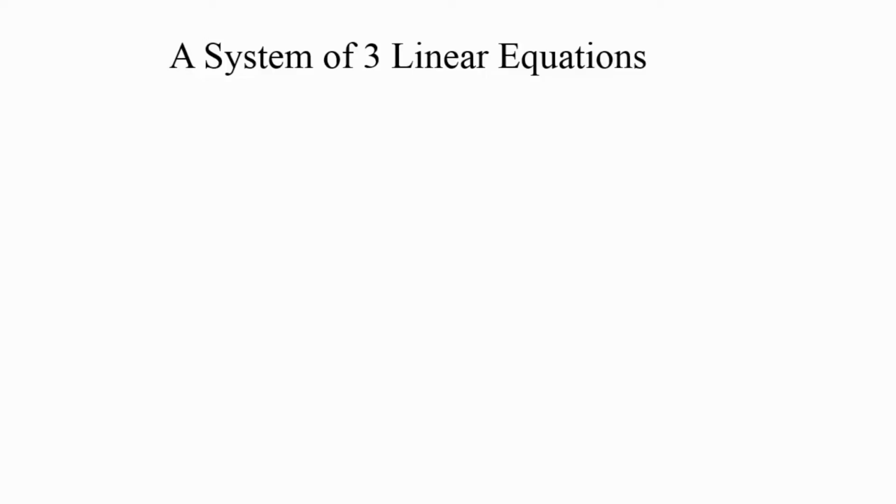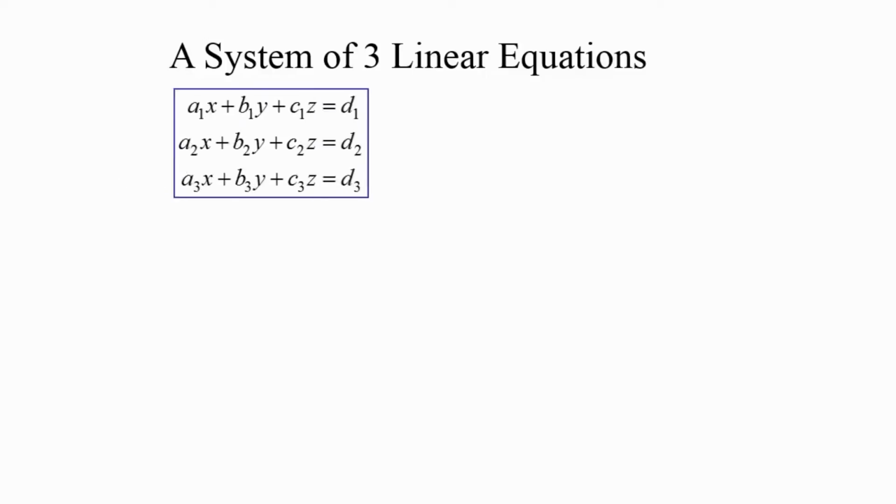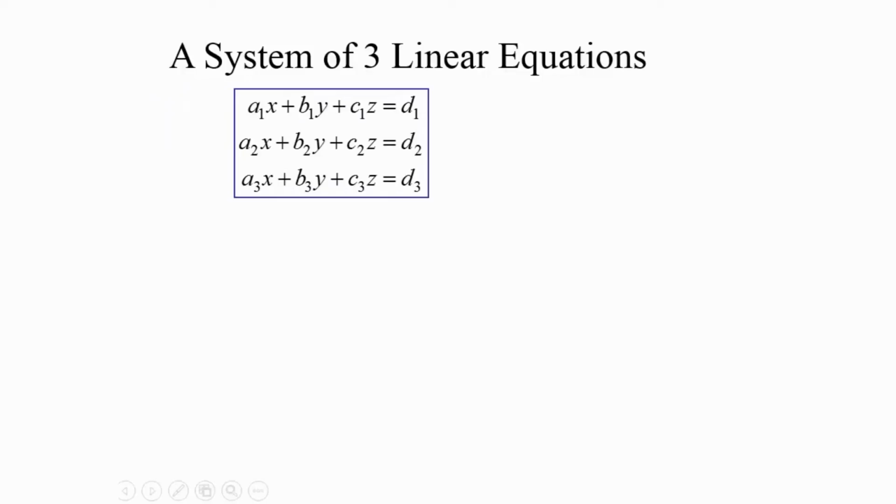Now here are the 3 equations: a1x plus b1y plus c1z equals d1, and then a2x, b2y, c2z. So here you see a system of 3 equations and 3 unknowns. The unknowns are x, y, and z. Everything else, a, b, c, d, they all are constants.